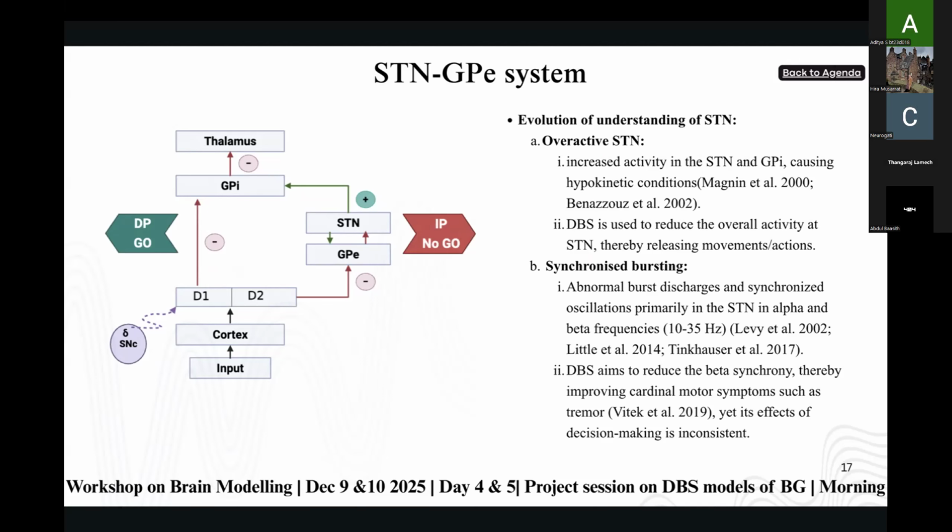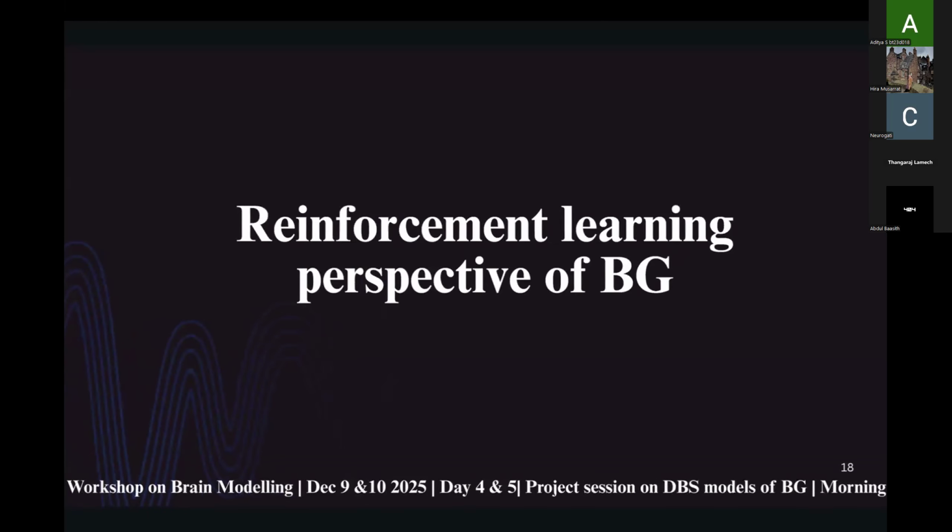But again, when I say it improves motor symptoms, its effects on decision making are not very great. It doesn't improve, or it rather worsens, or in 90% of the cases it doesn't really improve any kind of decision making. So to understand why the current DBS protocol doesn't improve any decision-making performance, we have to understand the reinforcement learning perspective of the basal ganglia first.